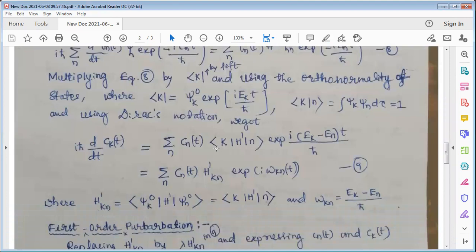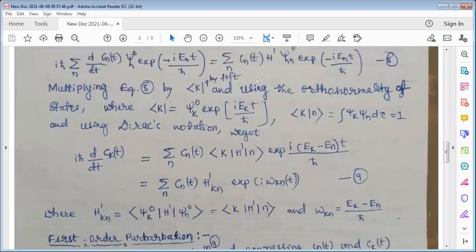Using Dirac notation, it is a left multiplication. So you have multiplied this bra to this equation from the left.